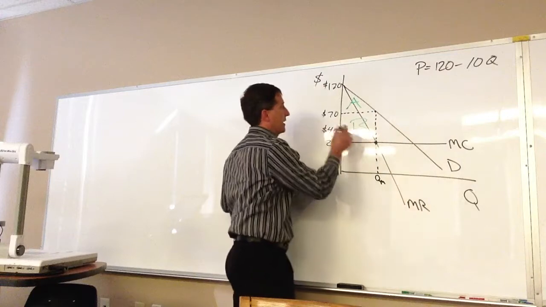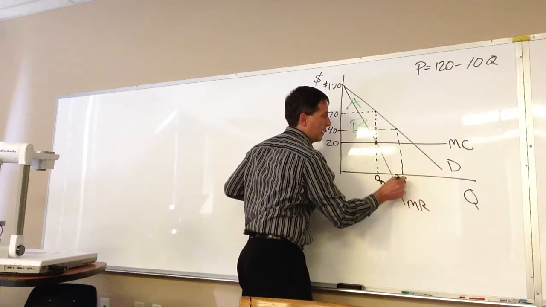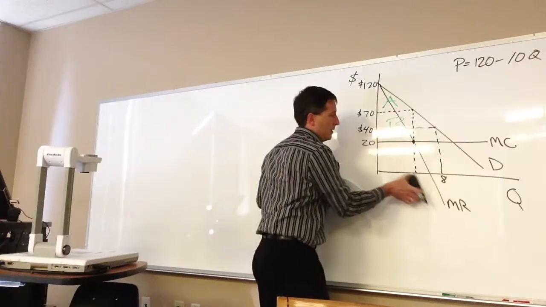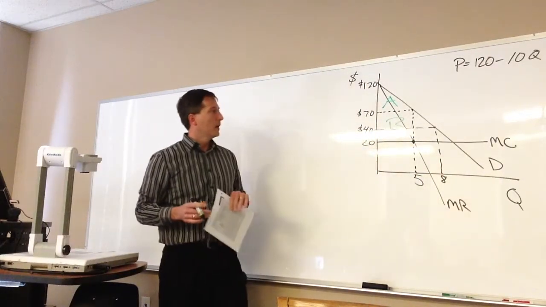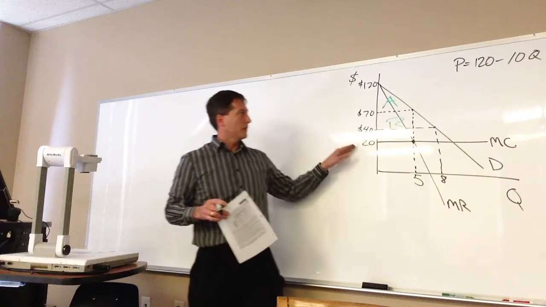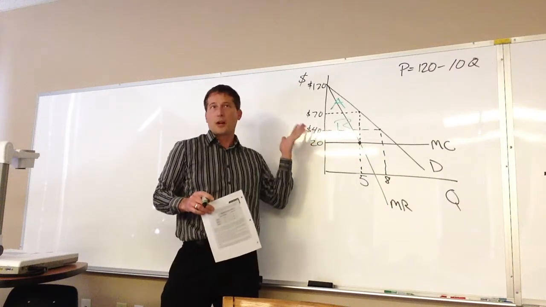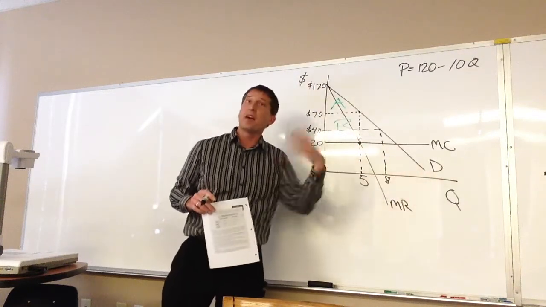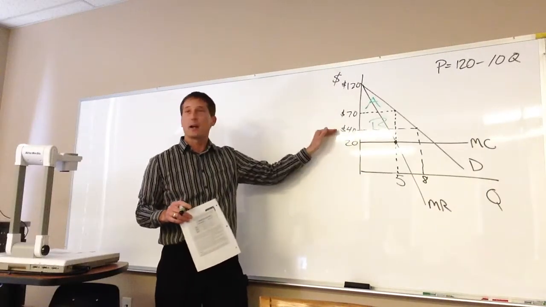So graphically, we end up at 8. And here was our 5. So the idea is this person would still be buying some. They're not going away. They have a taste for this product at a price of 40.